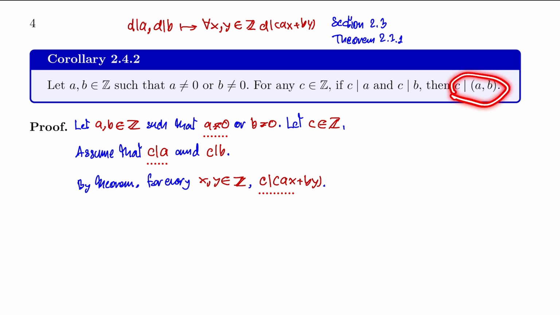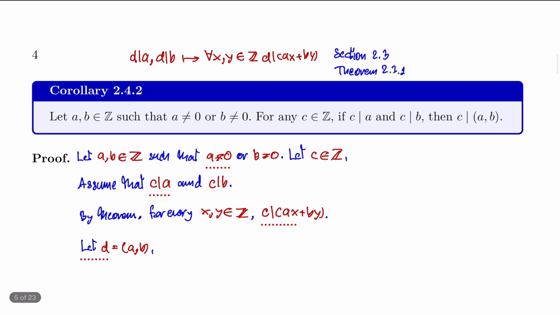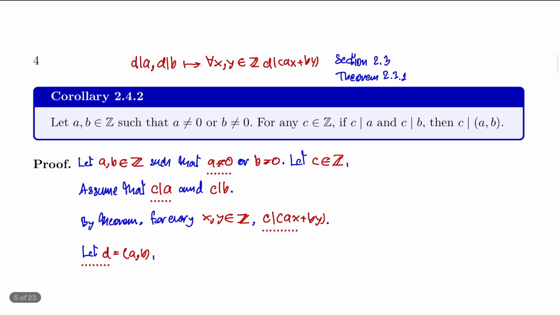We want c to divide the greatest common divisor of a and b, right? So we need to let d be the greatest common divisor of a and b, and try to show that c divides d.